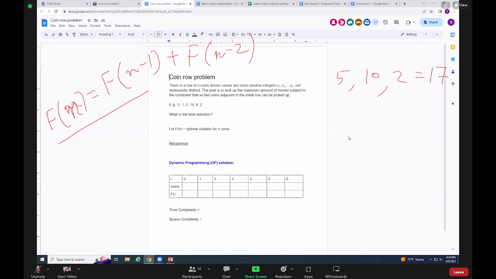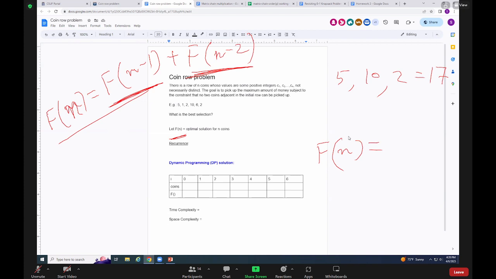Let's say these are 6 coins, but for any given n coins, the final solution is going to be f of n. Right. In Fibonacci, our f of n was f of n minus 1 plus f of n minus 2. In this case, what do you think?